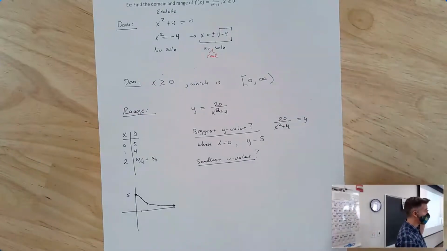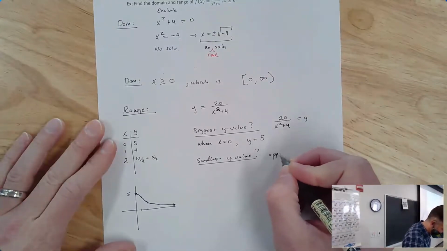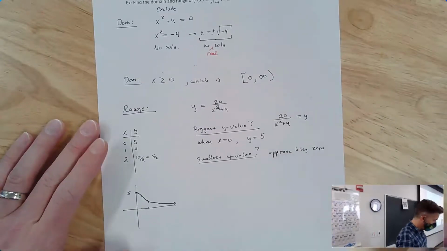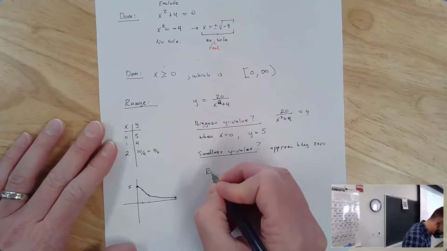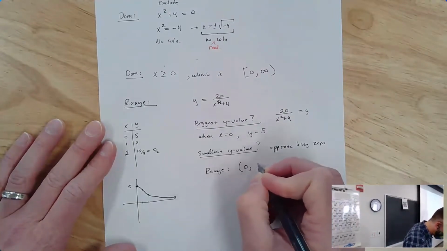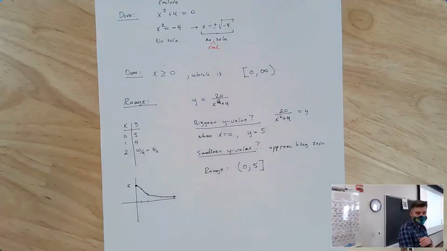It's going to get closer and closer to 0. So the smallest y value is approaching 0. So this says to me that the range is going to be 0 exclusive to 5 inclusive. And that would be the range.